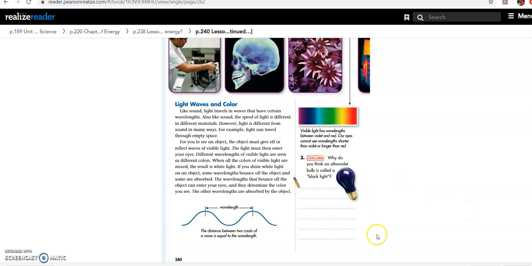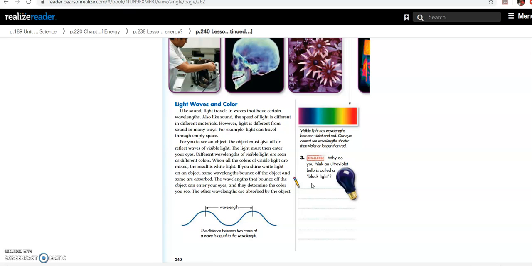All right, question 3 says, why do you think an ultraviolet light is called a black light? People use black lights in crimes if they're trying to see if there's blood anywhere. People use them to make fun things glow, like fluorescence and neon.